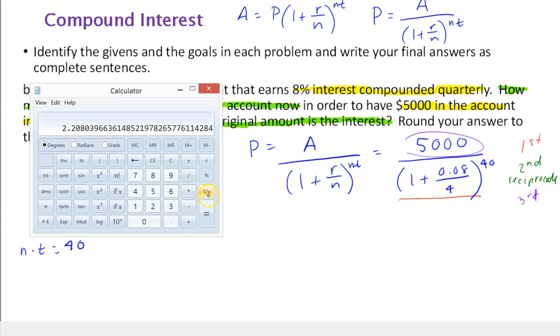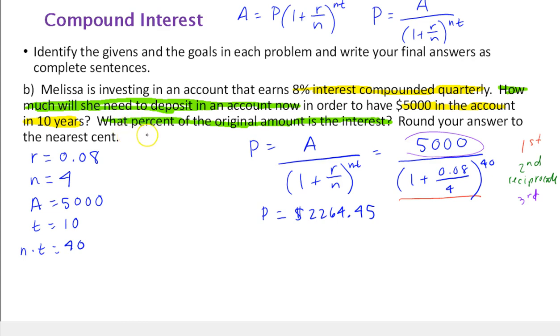This little button 1 over x, okay, that will basically divide and give us 1 over this whole thing. Now we certainly don't want to write this down, so this button is very handy. So I'm going to click this button, and then I'm going to multiply by 5,000. Okay, so our principal is $2,264.45.